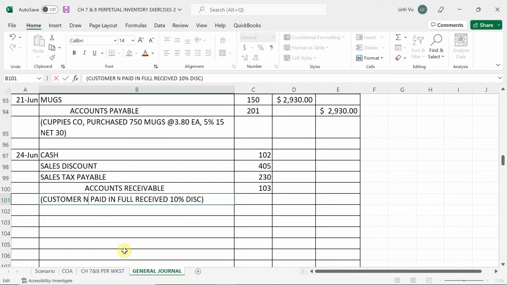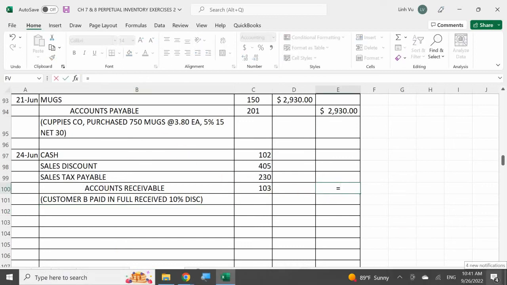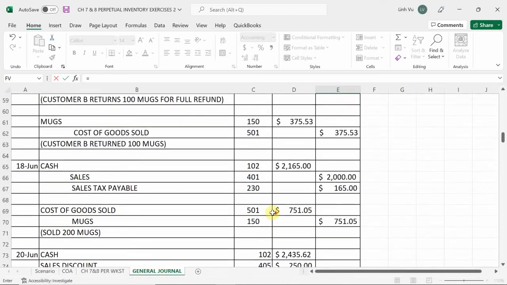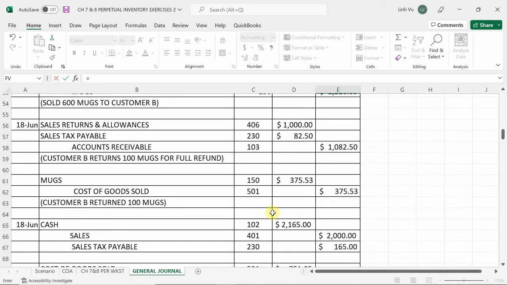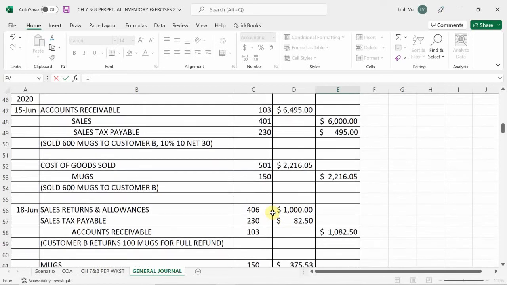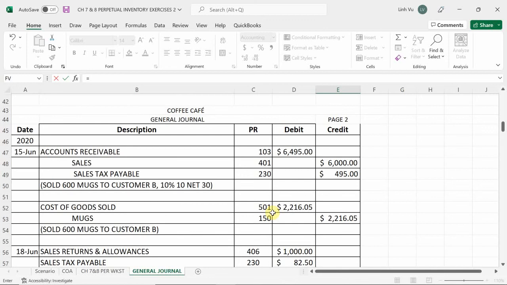There you go. Paid in full, received 10% discount. So first we need to understand how much customer B actually owes me. We sold to him on the 16th. Customer B on the 16th, sold 600 mugs.